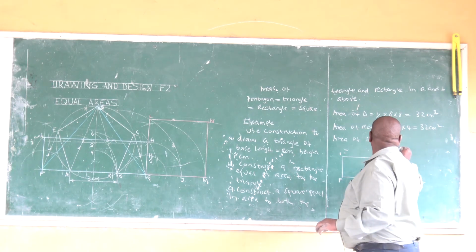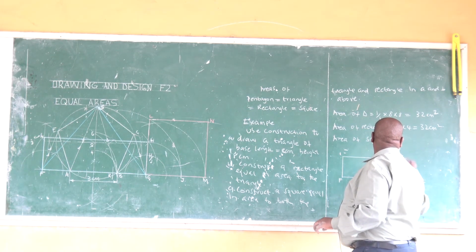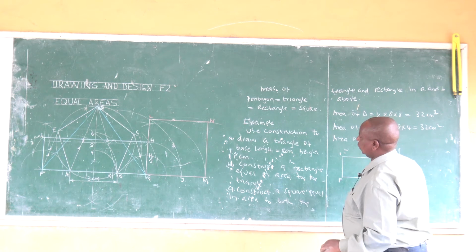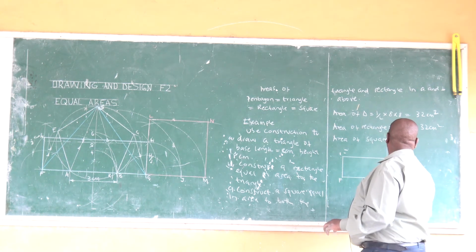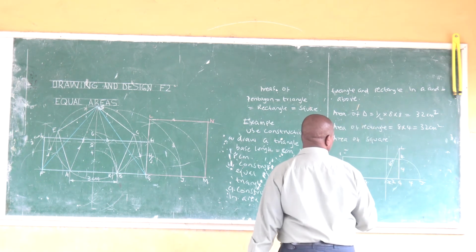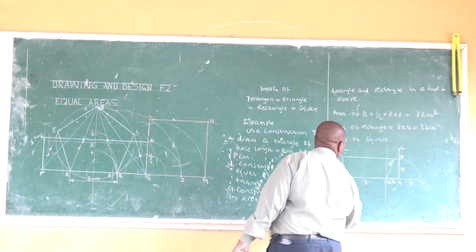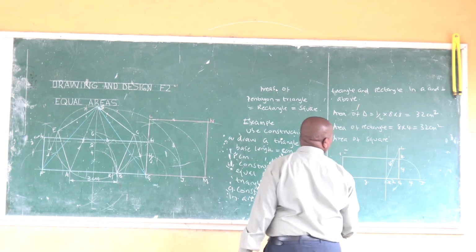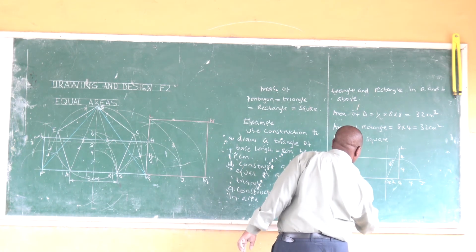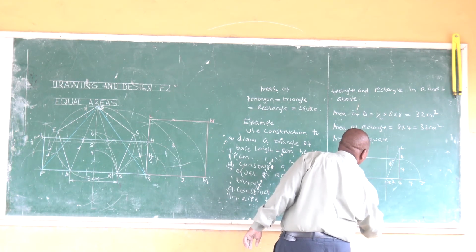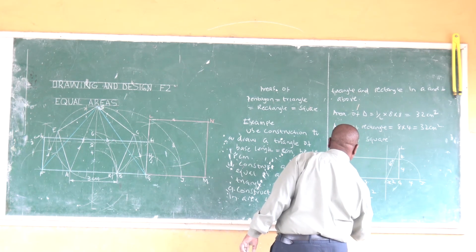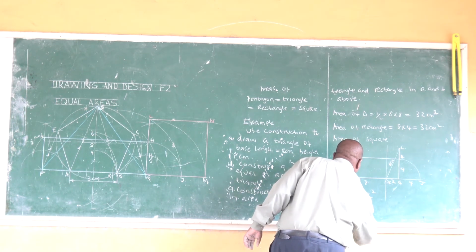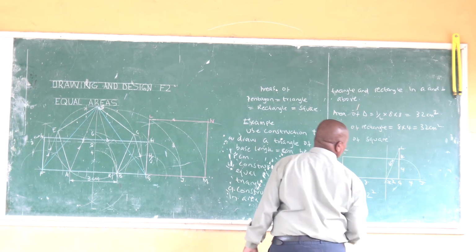So we can get this point, which we said is L. We can get GL. Then GL squared is equal to 6 squared minus 2 squared, which will be equal to the square root of 32.